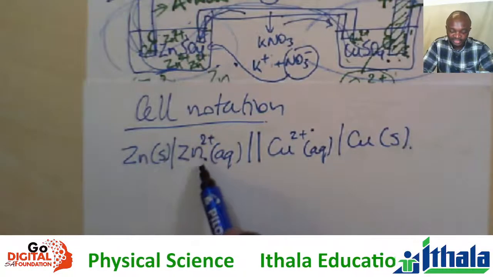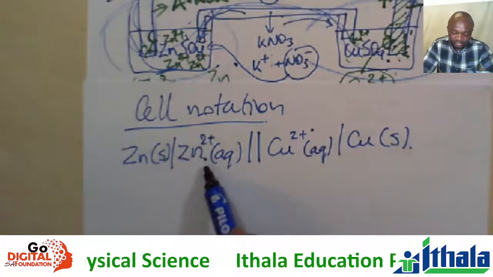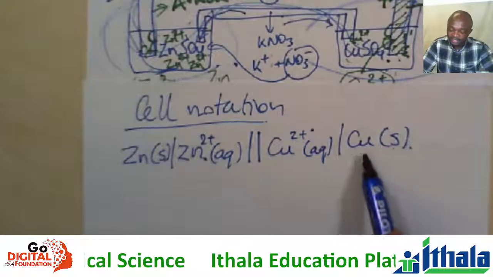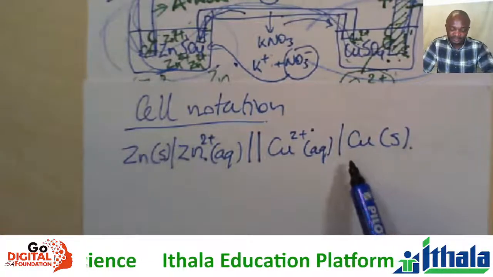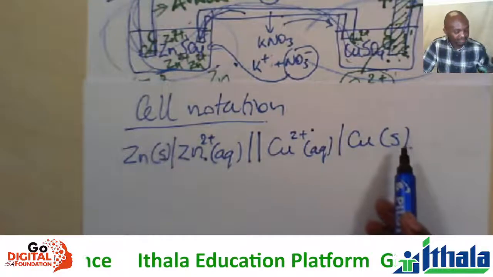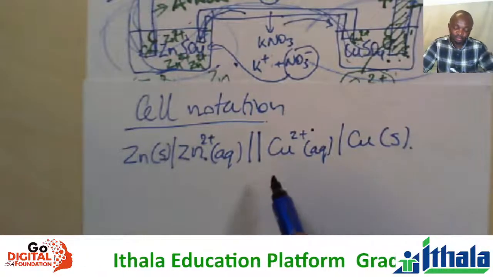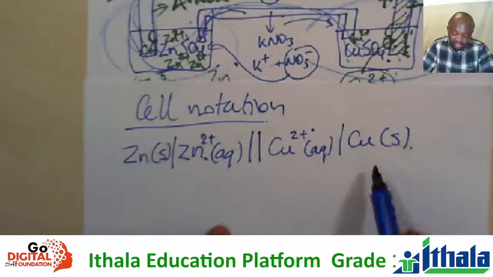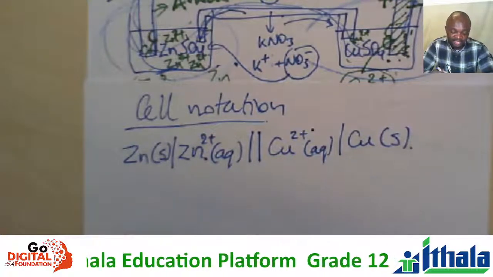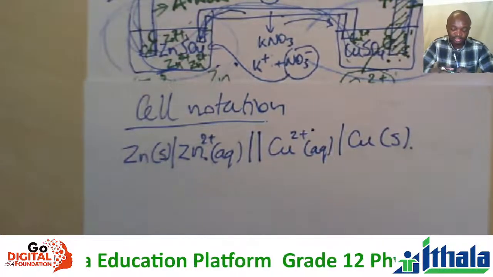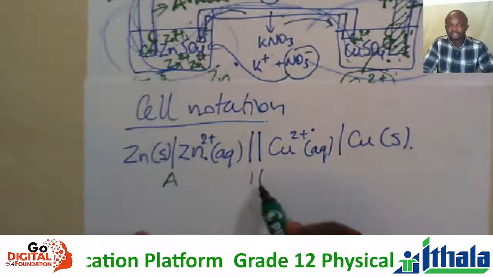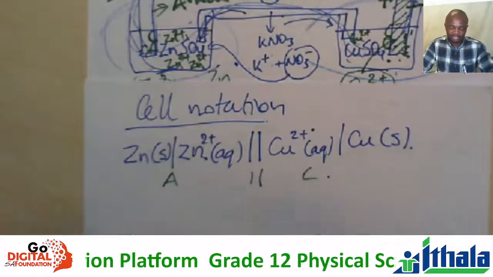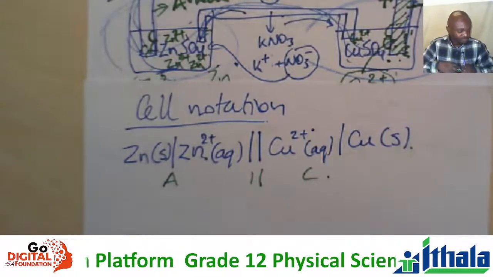It shows that zinc is undergoing oxidation and copper is undergoing reduction. This is the cell notation. So when you can write a cell notation, or when you look at one, you can tell which one is the anode and which one is the cathode. It shows you have the anode on one side, the salt bridge, and the cathode on the other side, right?